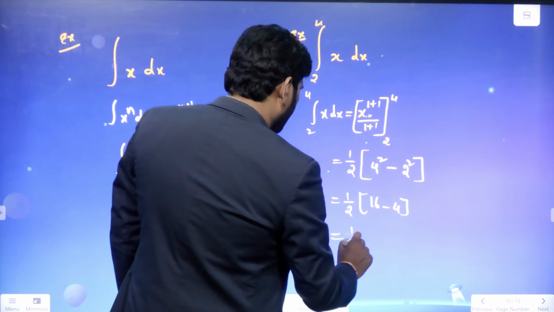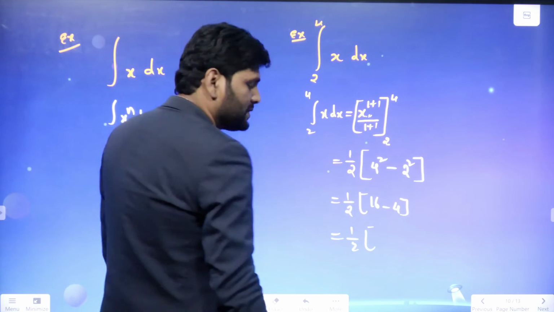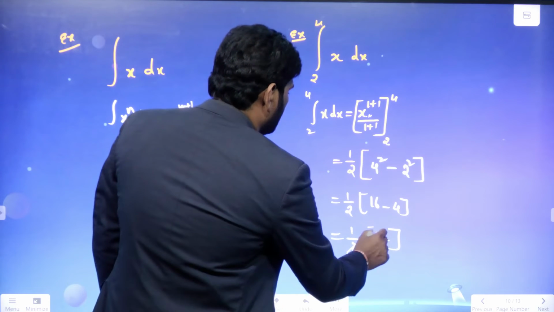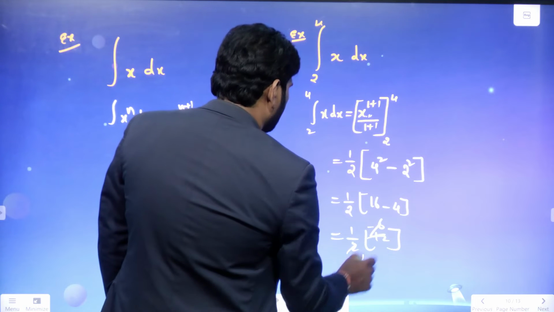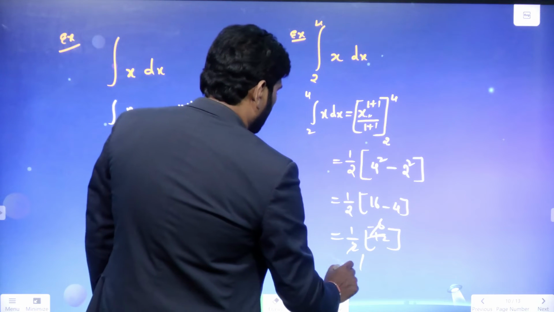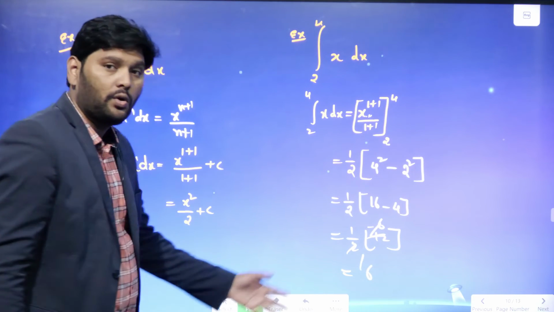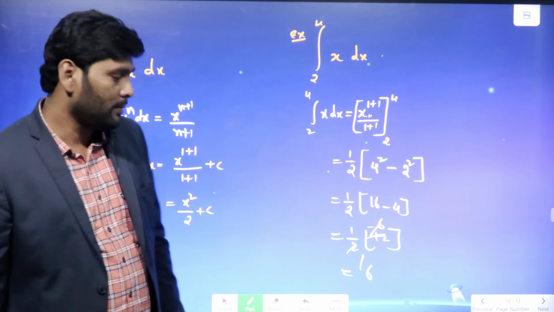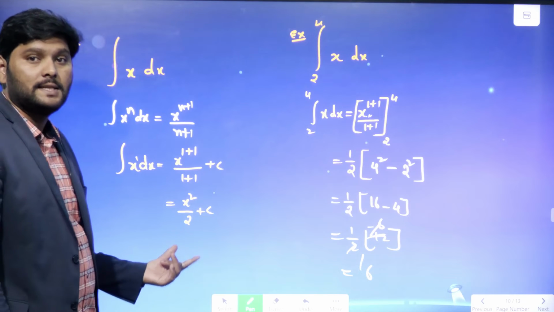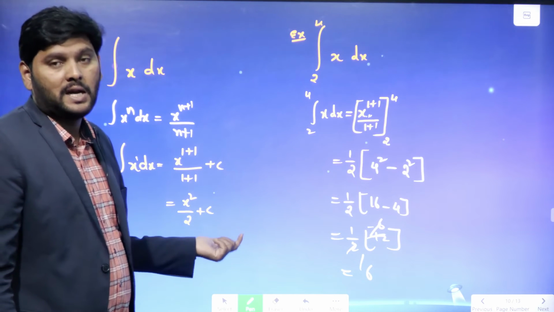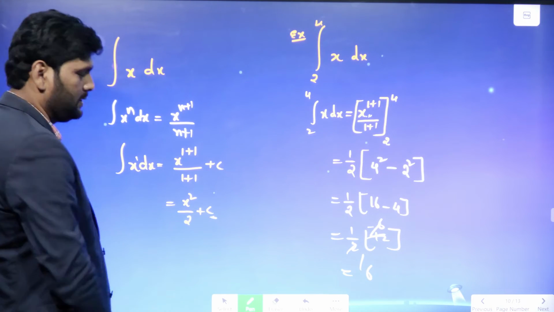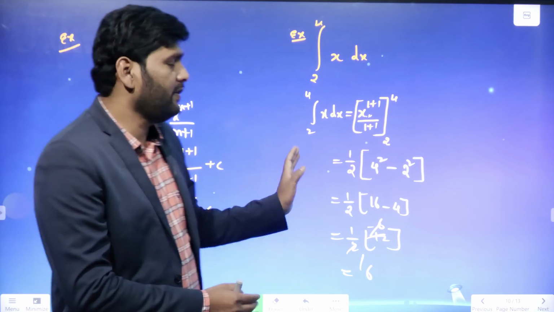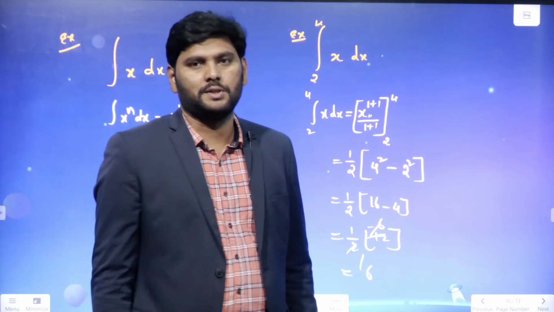So 1 by 2 into 12, which is 6. There is no adding of the constant because we already applied the limits. But in the indefinite case we don't have limits, so we need to add a constant, which we can take as C. This is the way we do indefinite and definite integrations. I hope you understood this.